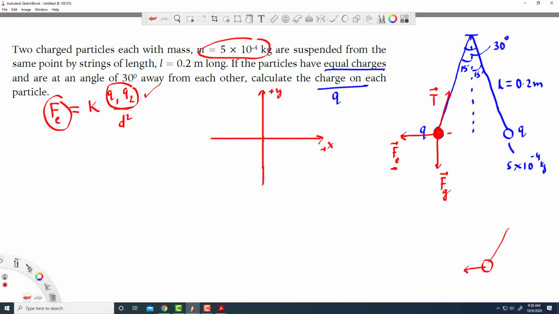So we have tension, that's the tension, and we have that force, electric force, and we have Fg down. Okay, so we need to add x components separately and y components separately. That's something we always do when we do the vector addition.